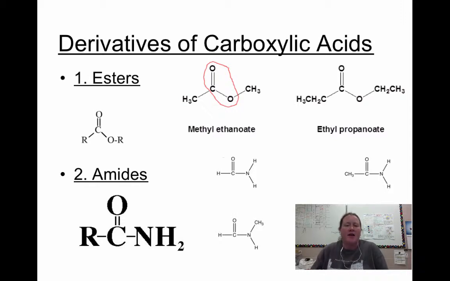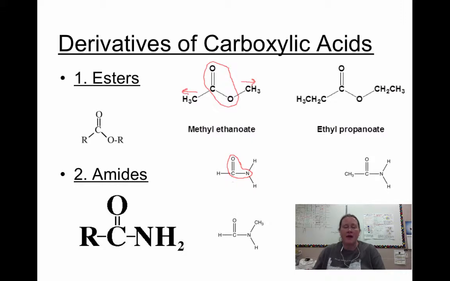An amide is very similar in that we have a carbonyl group, and instead of that being an oxygen right there, it's a nitrogen. So esters are always going to be found with hydrocarbon chains on either side of them.